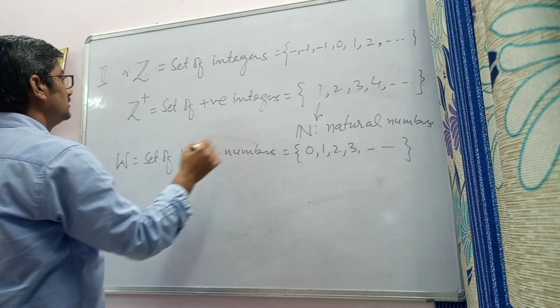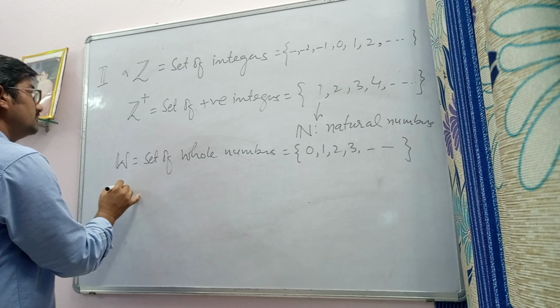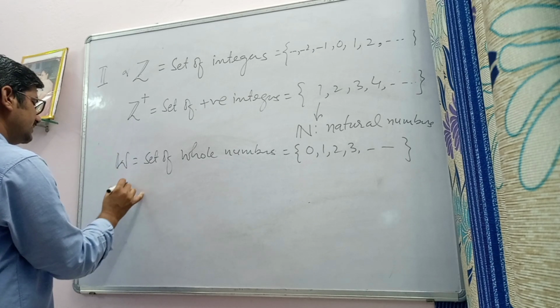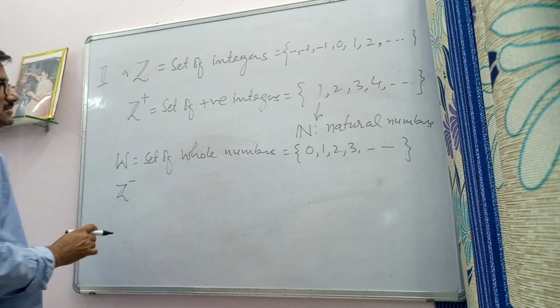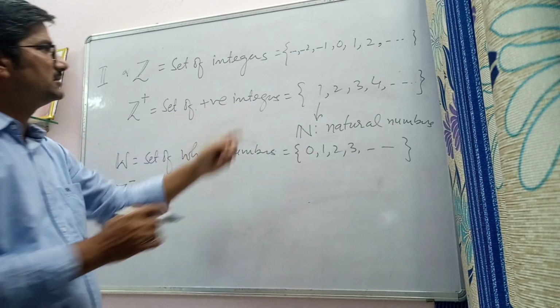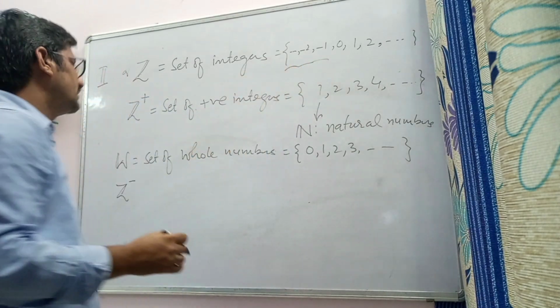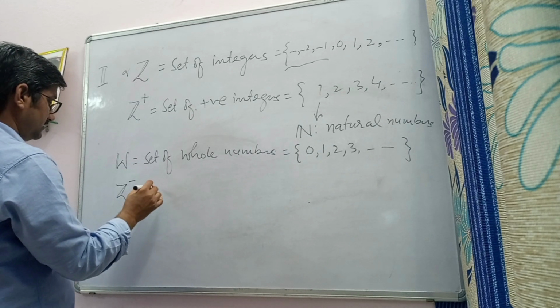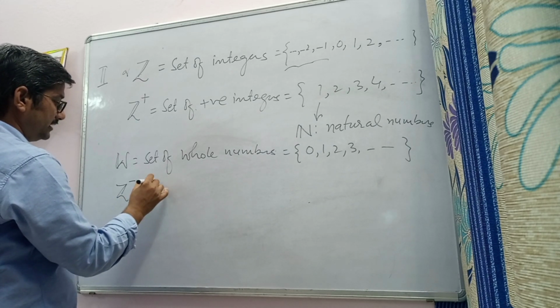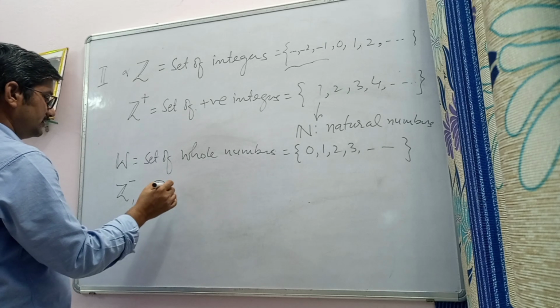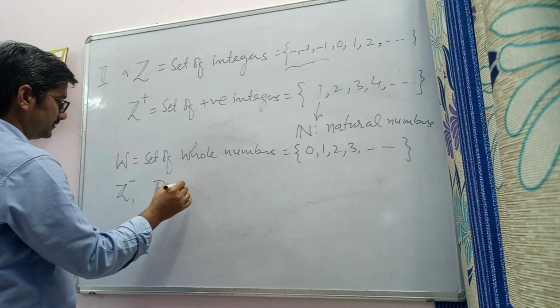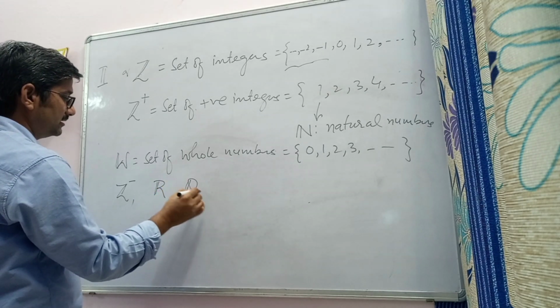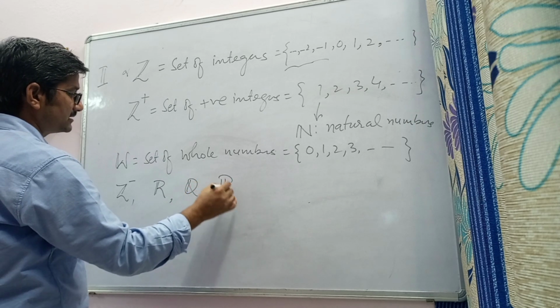Similarly we can discuss the set of negative integers, as we have discussed the set of positive integers. And similarly we can discuss the set of real numbers, the set of rational numbers and the set of irrational numbers.